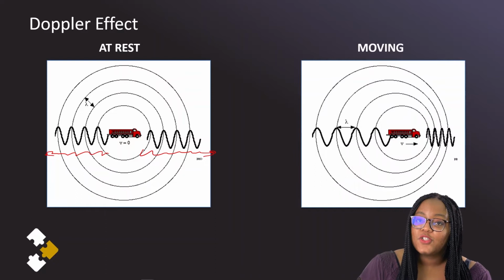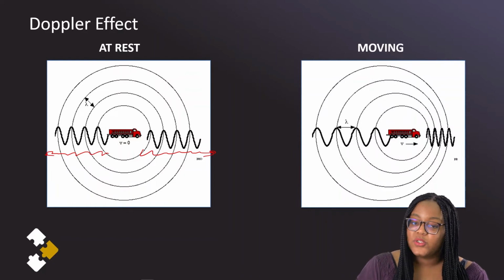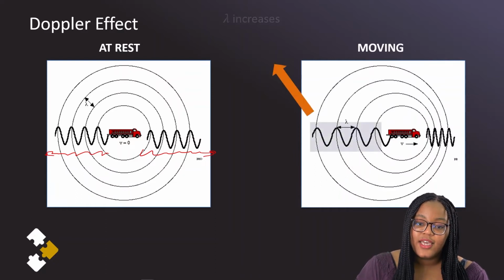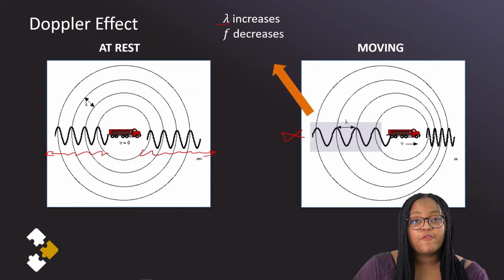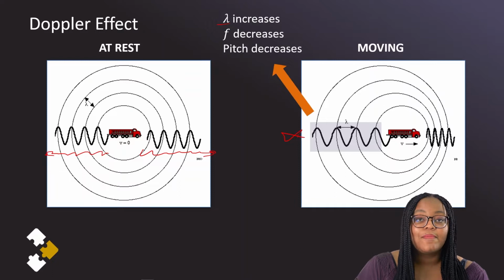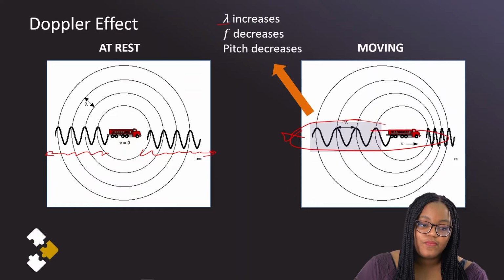This is in comparison to when you have a moving object which is emitting a sound, in which case, when the object is moving away from a certain position, relative to that position, the wavelength of those sound waves increases, the frequency of those sound waves decreases, and the pitch of those sound waves decreases, as depicted over here.